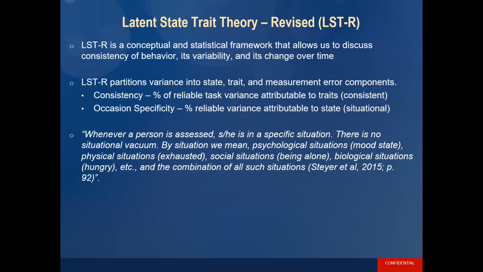I'll call it trait-like, and how much of it is occasion-specific, reflecting situational influences. And what we're going to do is take the percentage of reliable variance in a task. So it's really a variance partitioning strategy. We're going to look at the measurement error in tasks, hold that aside, and then of the reliable variance, how much of that variance in task performance is trait-like, something that you bring every time you experience these tasks, versus situational.